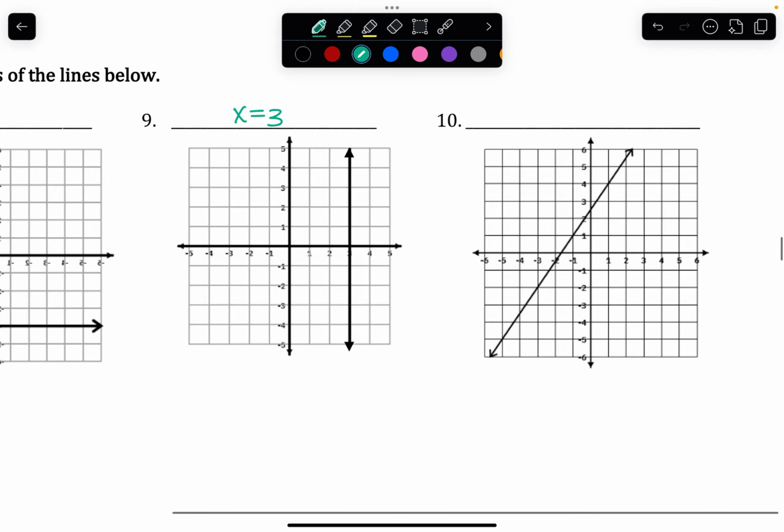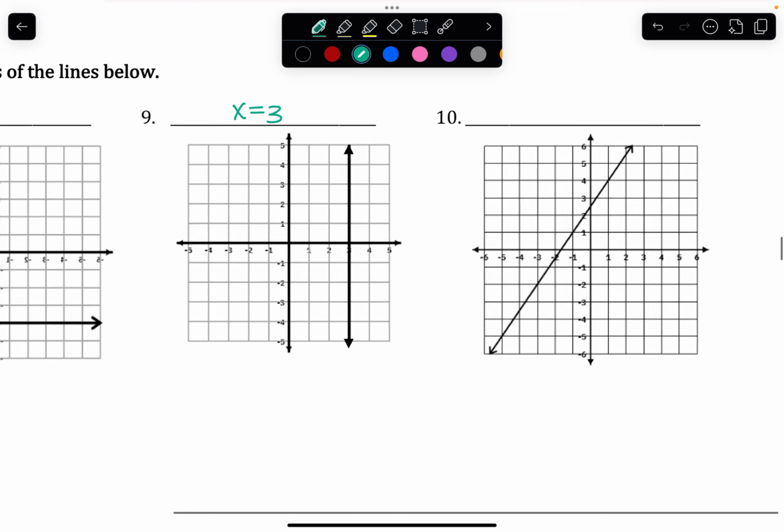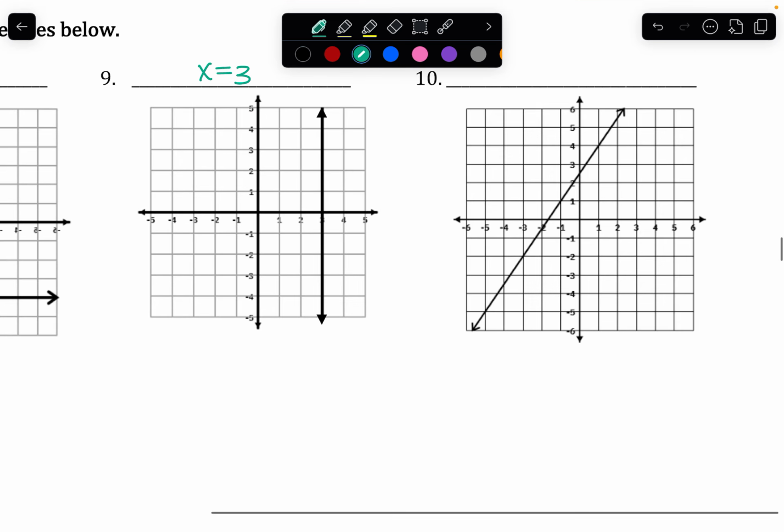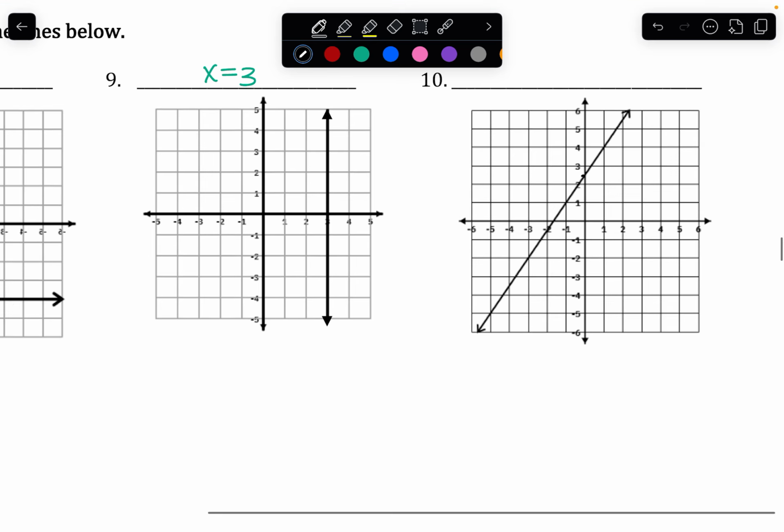Okay, and then here we do have a slanted line, and so that's when we can use either point slope form or slope intercept form. And so for slope-intercept form, we need the y-intercept, which looks like it's about 2.5. And so you could either guess that it's 2.5, or you could pick two obvious points, like (-1, 1) and (1, 4).